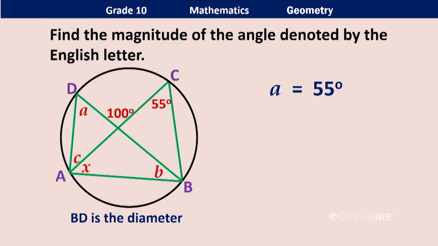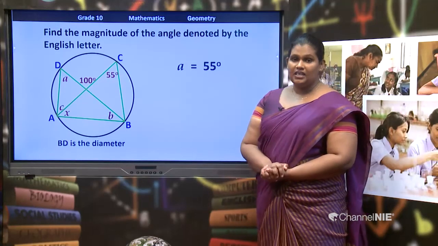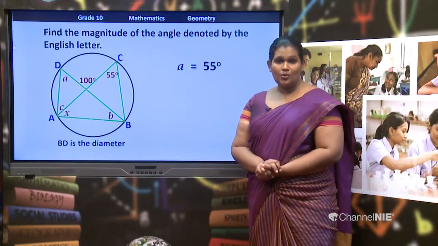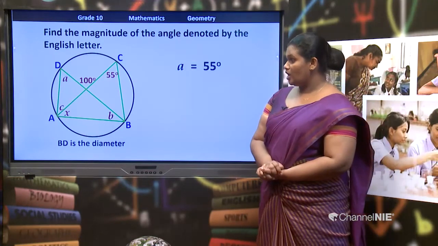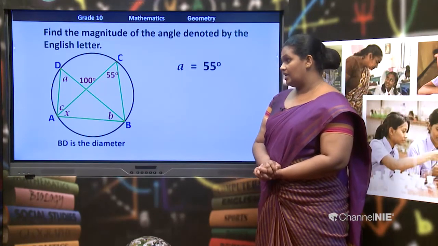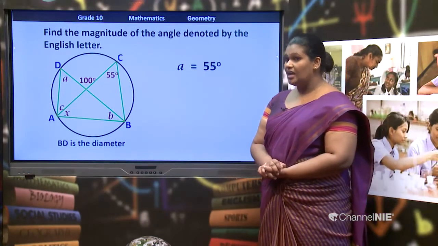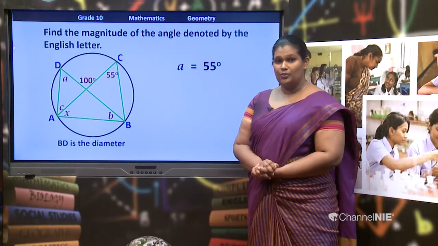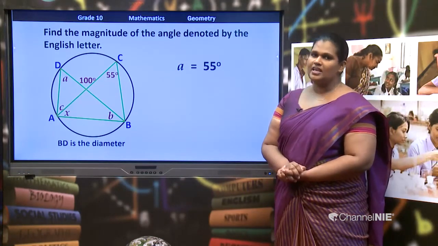First, we will get the magnitude of angle A. Previously, we have learned that the magnitude of angles in the same segment are equal. When you look at the question, you can see the magnitude of angle ADB and the magnitude of angle ACB should be equal, because both angles are in the same segment.